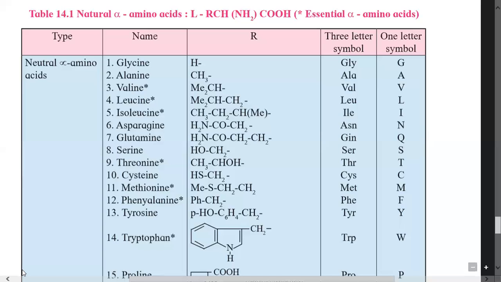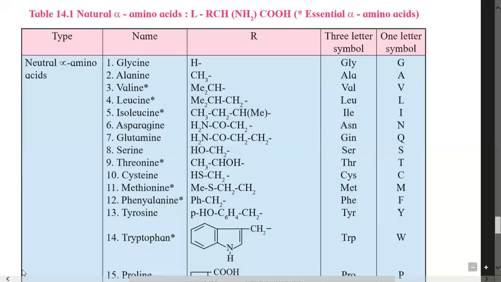The next example is asparagine. The R group is NH2COCH2, the symbol is ASN, and the 1-letter symbol is capital N. The seventh example is glutamine. Here the R group is NH2COCH2CH2, the symbol is GLN, and the 1-letter symbol is Q. Next is serine.